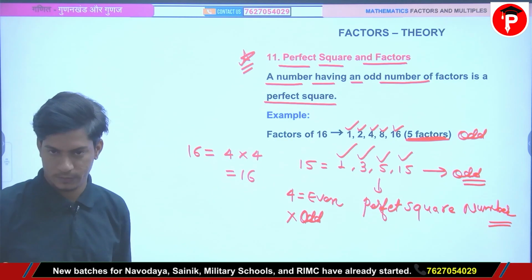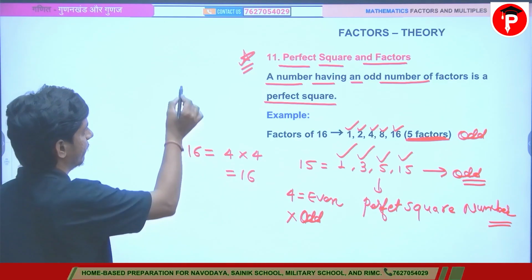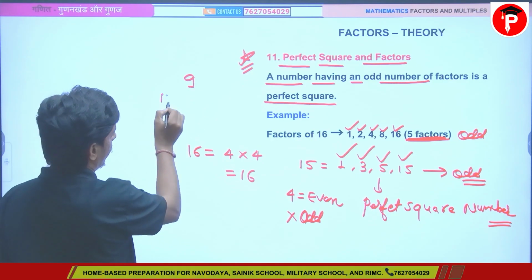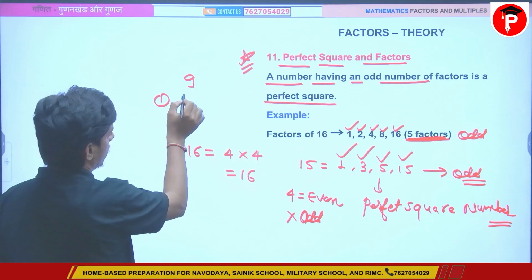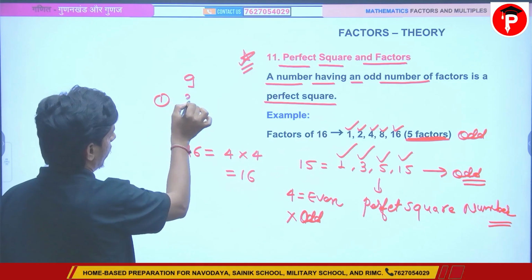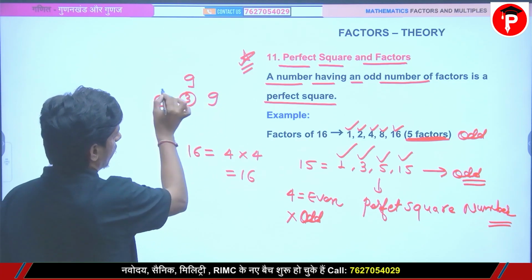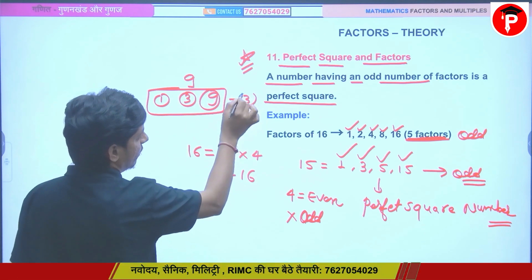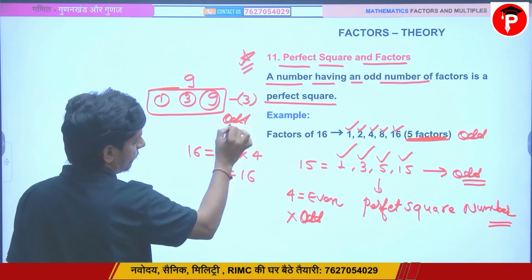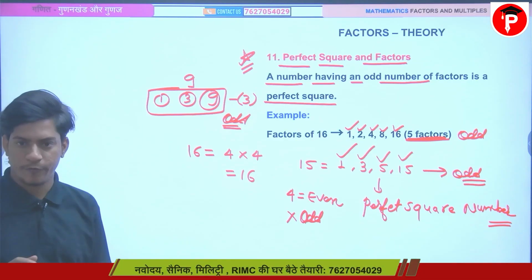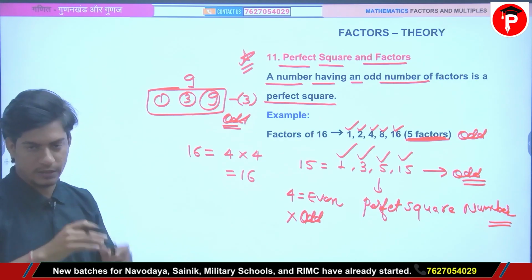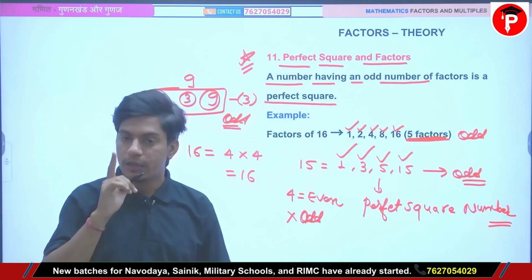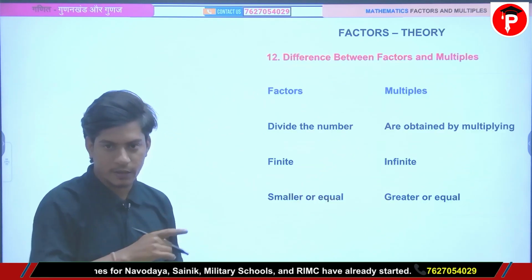For one more example, the number 9: factors of 9 are 1, 3 and 9. If you count, these are 3 numbers, which is odd. If any number has an odd number of factors, then that number will always be a perfect square number.